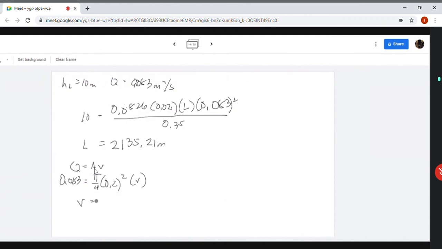So you get the velocity in that section: 0.083 times 4 divided by pi divided by 0.2 squared. So the velocity is 2.64 meters per second.